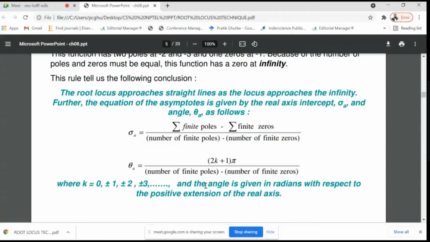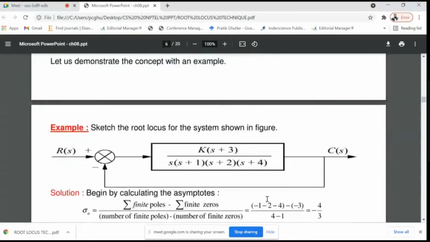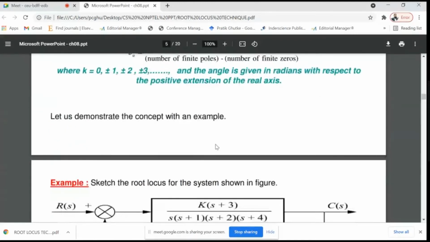The angle is given in radians with respect to the positive extension of the real axis. So these were your rules to calculate the actual root locus.